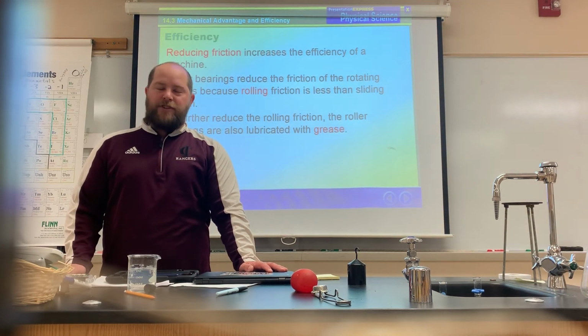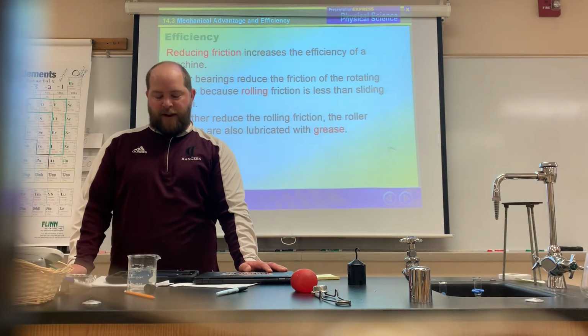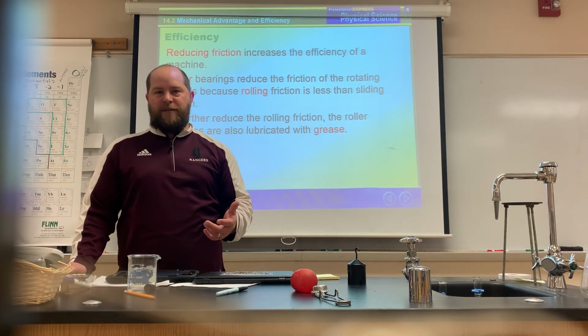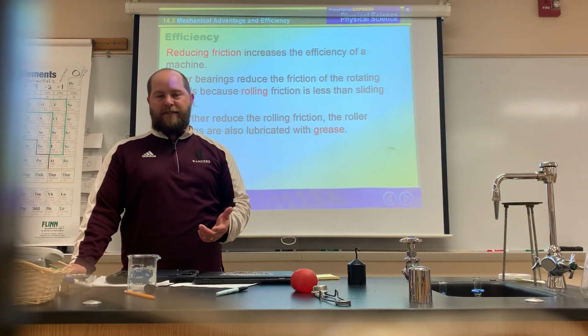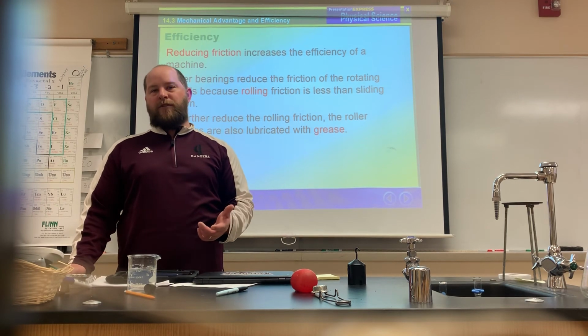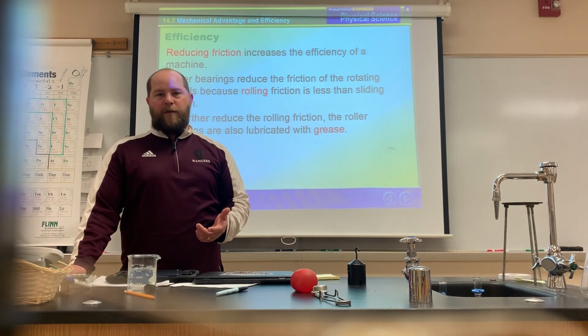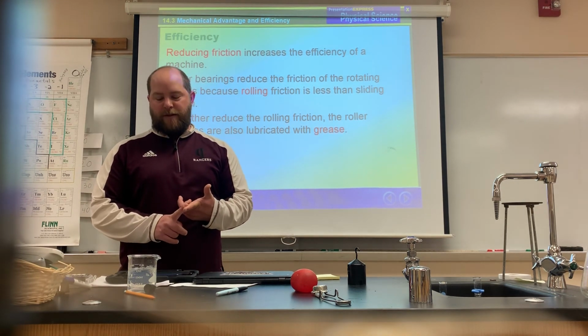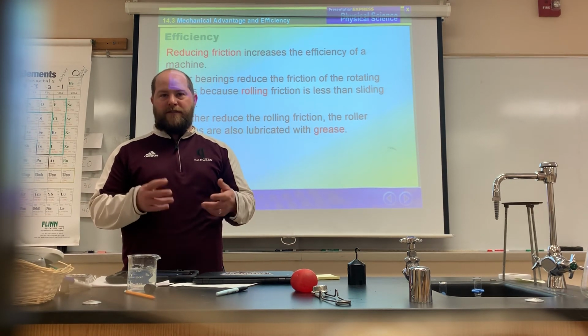Like I said, engineers are trying their best to have the efficiency of any sort of simple machine be the best possible case. And so what could they do to make those machines a little bit more efficient? The best way is reducing the friction, because that's where we're losing some of the work output.